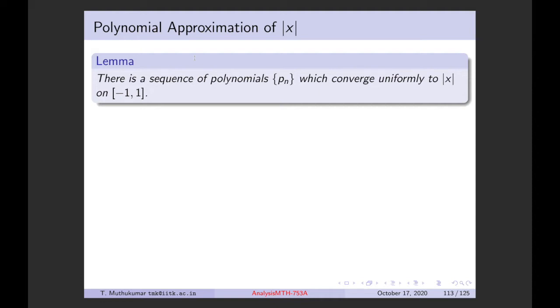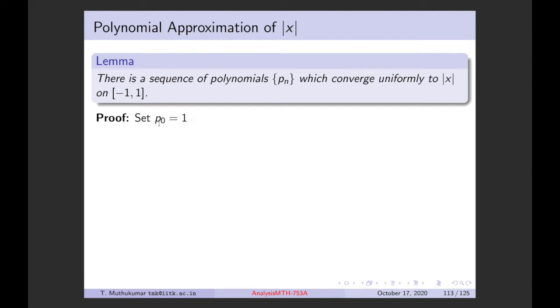The lemma says that we have a sequence of polynomials which converge uniformly to mod x in the interval -1 to 1. To start with the proof, we take the constant polynomial 1 and call that p0.